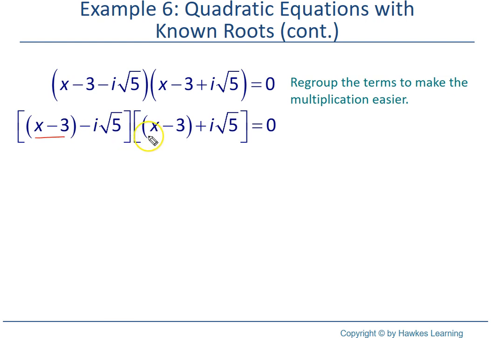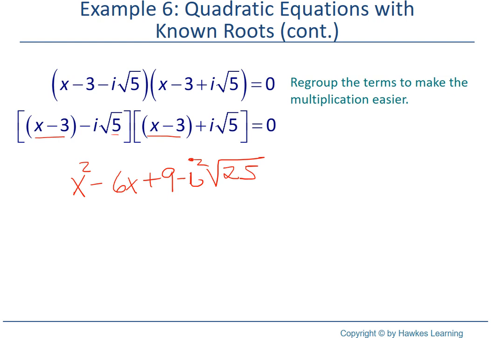We're going to square these, which is this squared here, and this will give us x squared minus 6x plus 9. And we're going to multiply a negative times a negative. And this is going to give us a negative i squared. And this is the square root of 25. This times this. i times i is i squared.